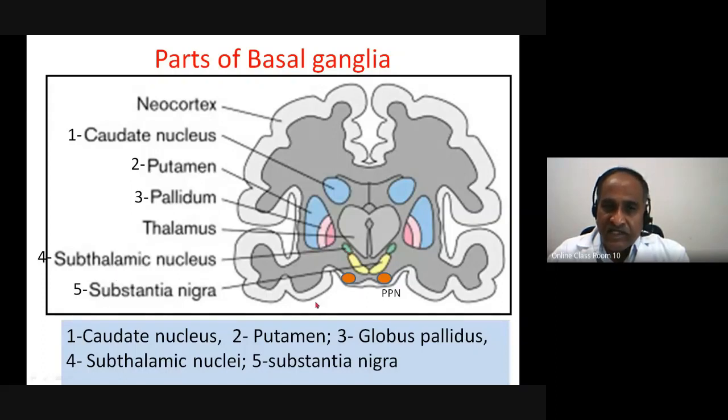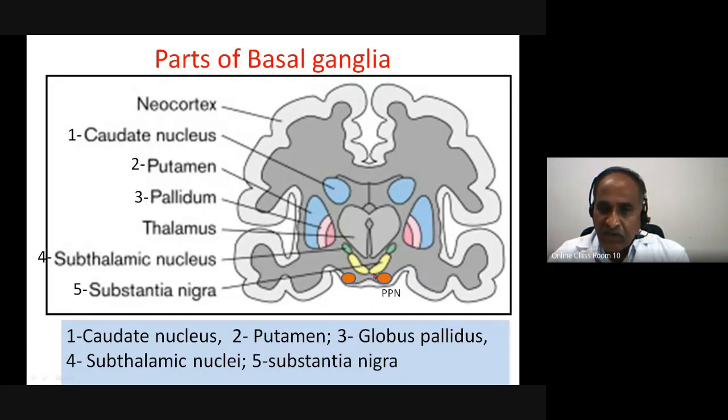And then the substantia nigra, this yellow one is the substantia nigra. Now the brick red, this part is the pontopeduncular nucleus. These are the basic parts of the basal ganglia. I repeat: caudate nucleus, putamen, globus pallidus, subthalamic nucleus, substantia nigra. I have numbered them 1, 2, 3, 4, 5.